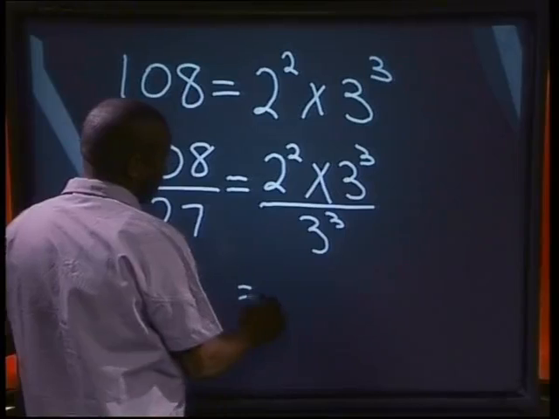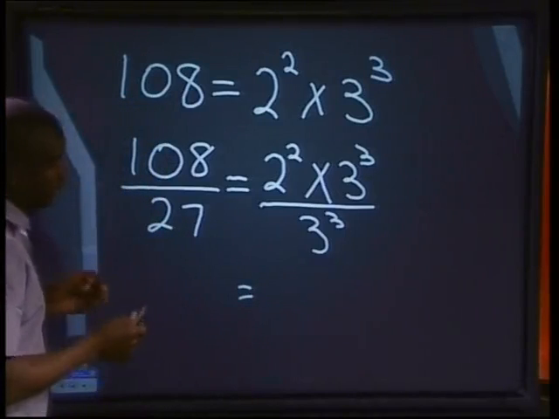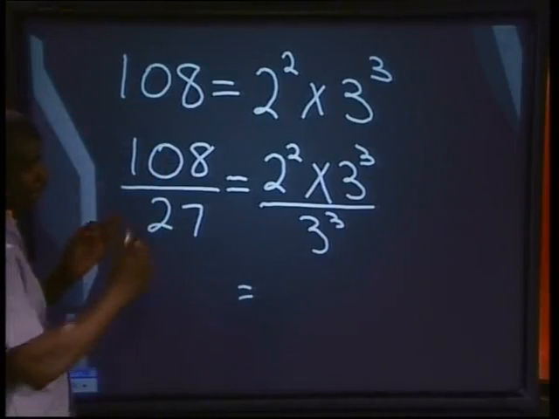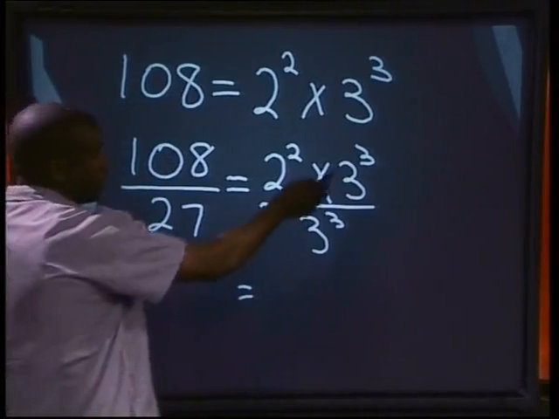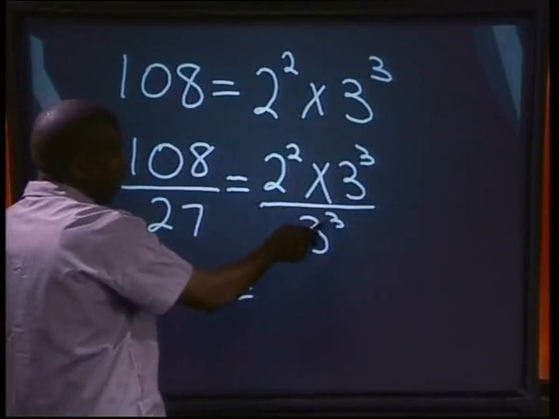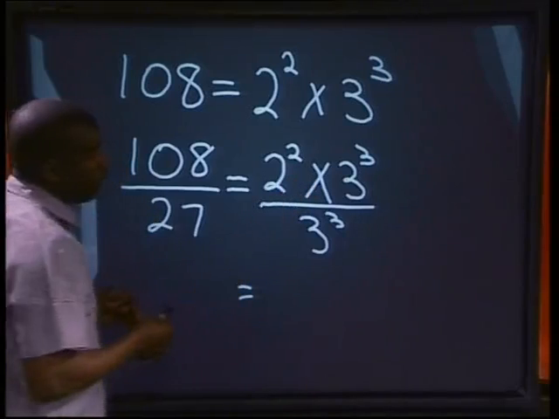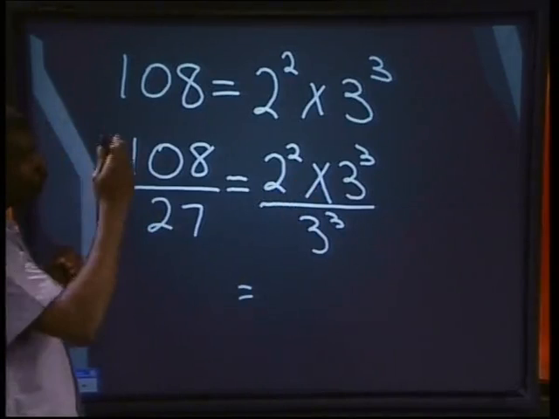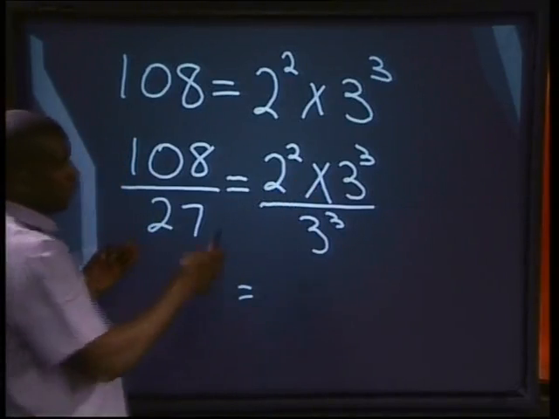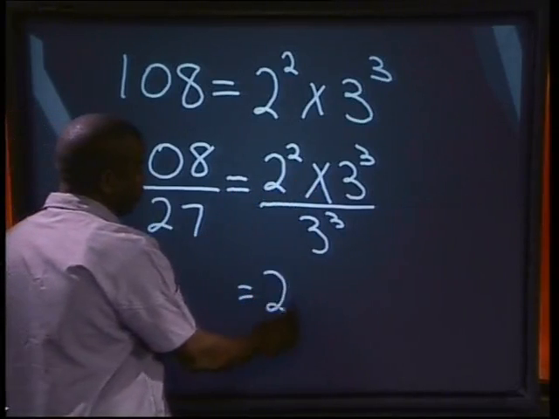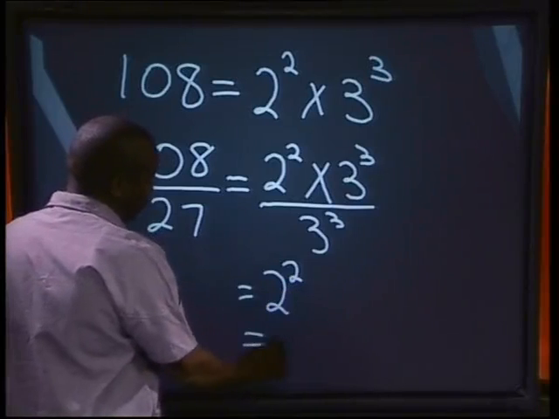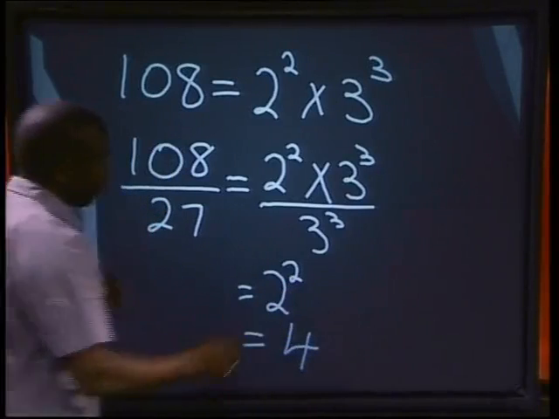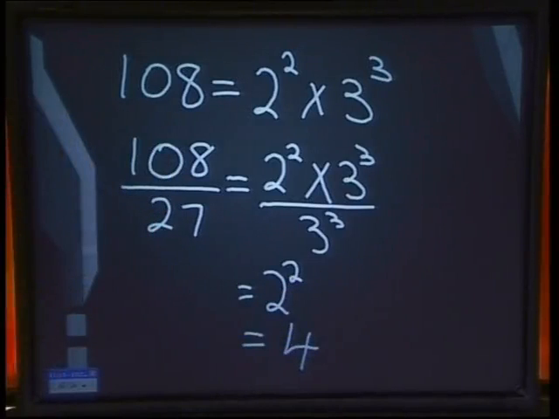If we apply our laws, our second law says if the bases are the same, we can subtract the exponents. So in this case, we can have 3 to the power 3 minus 3, which will give us 3 to the power of 0. And we know according to one of our definitions, any number to the power of 0 is 1. So our answer will be 2 to the power of 2, which is equal to 4.